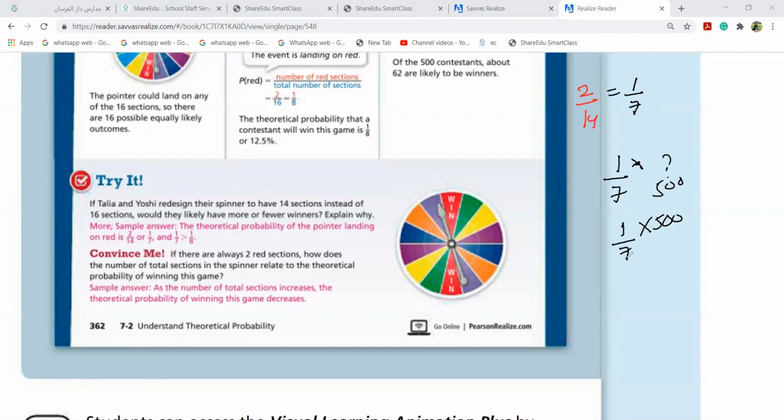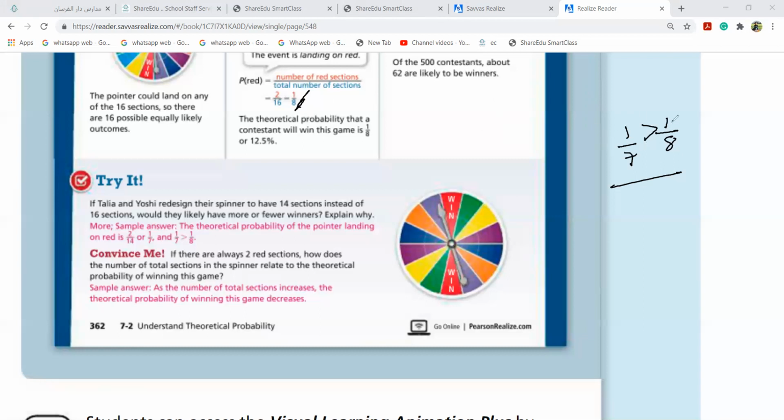When I divide that, of course, I get less. Again, girls, you had 1 over 8 and here 1 over 7. When numerators are the same, the smaller denominator gives the greater fraction.